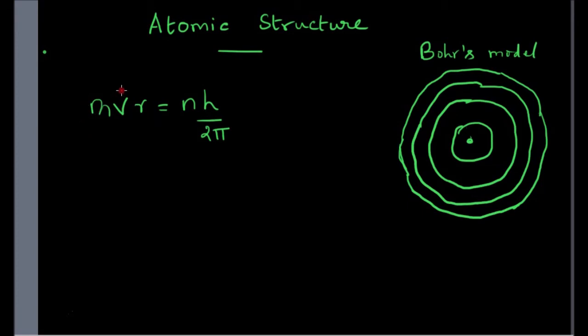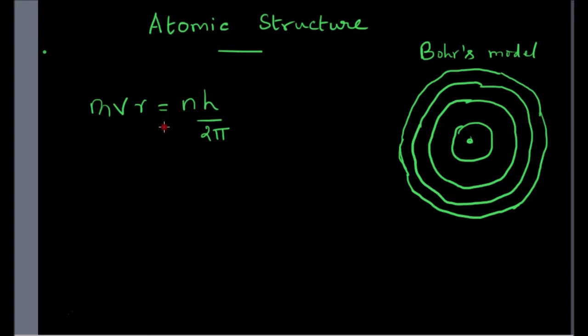So if mvr is an integral multiple of h by 2 pi, only then that orbit is a permitted one, and as long as an electron revolves in that, it neither loses energy nor gains energy. The orbit that is closest to the nucleus will have the value n equal to 1. The next one will have n equal to 2 and so on.